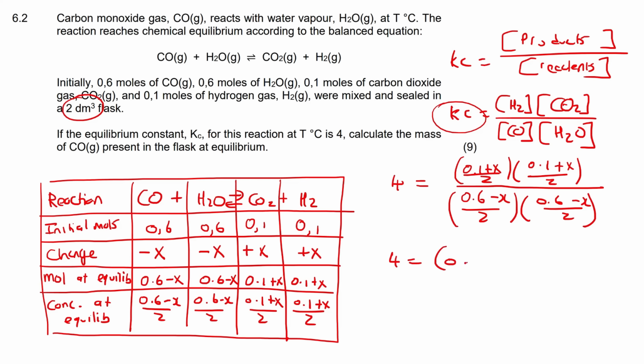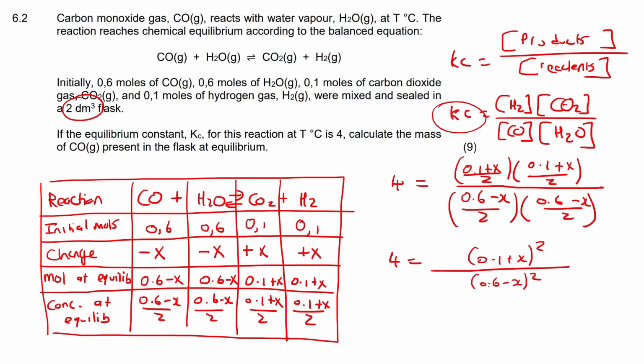So what we actually have now at the top is this, and this. And then at the bottom, we're just going to have that, and that, okay? Now, to make the maths very, very easy, check this out. These two together can just be 0.1 plus x to the power of 2. And these can just be 0.6 minus x to the power of 2.